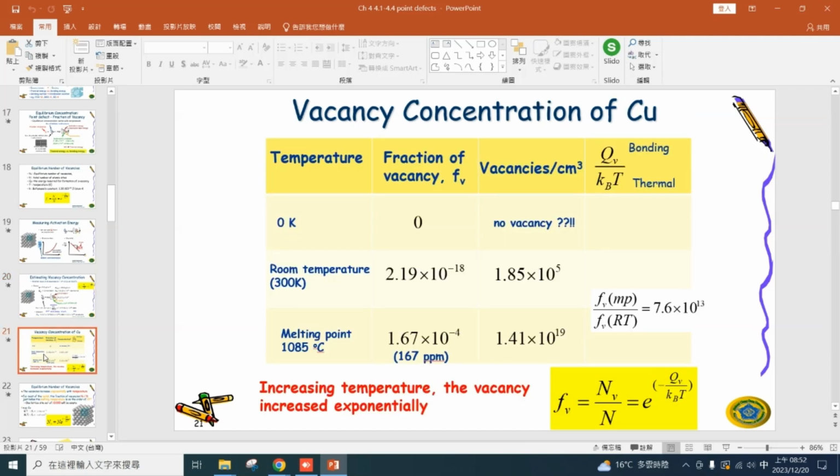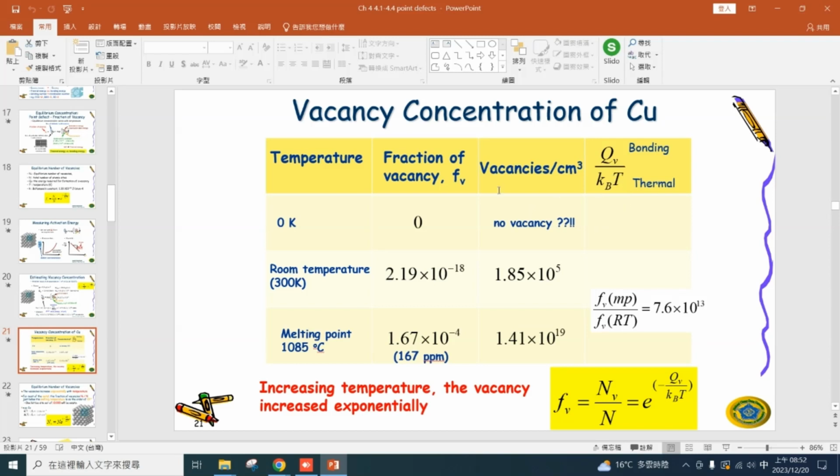We make an example of copper, right? If copper reaches the temperature of 0 Kelvin, there's almost no vacancies. But in fact, this is impossible, right? When temperature goes up to room temperature, we have some atoms missing in the copper bricks, for example.